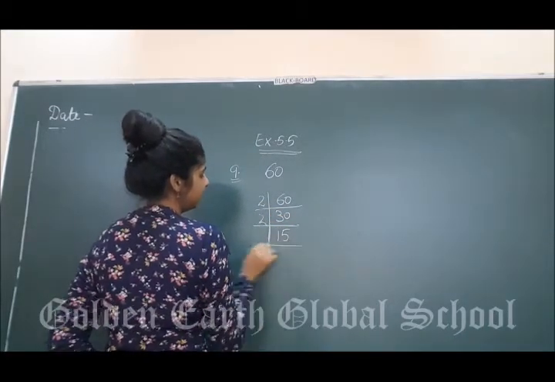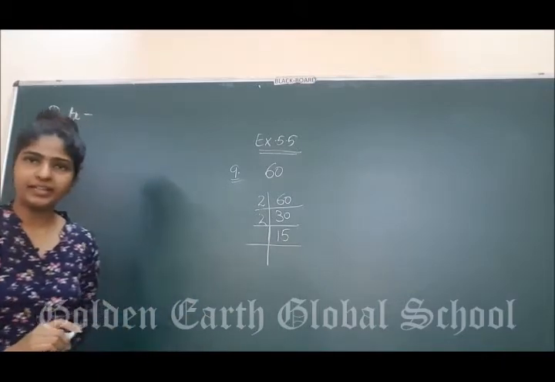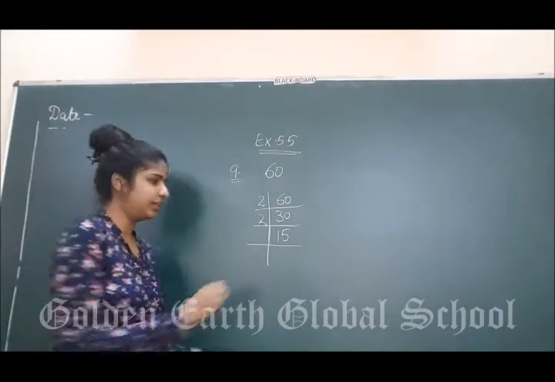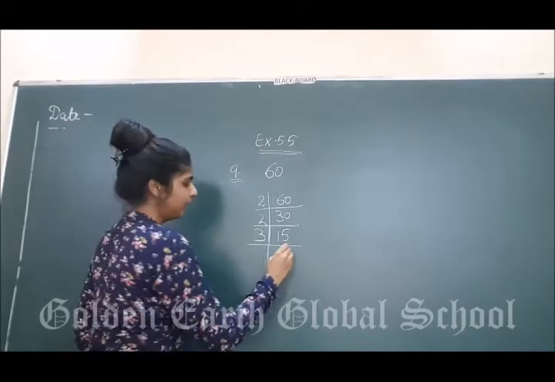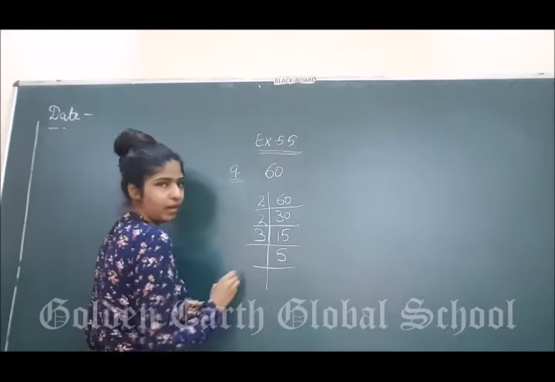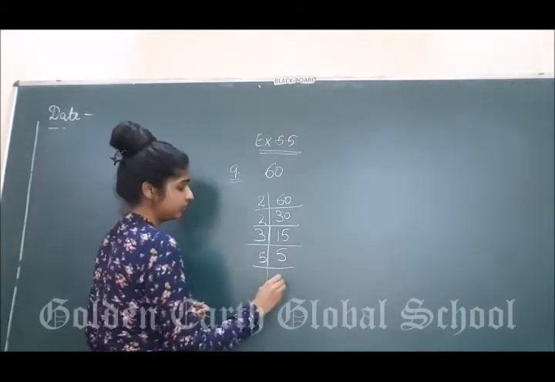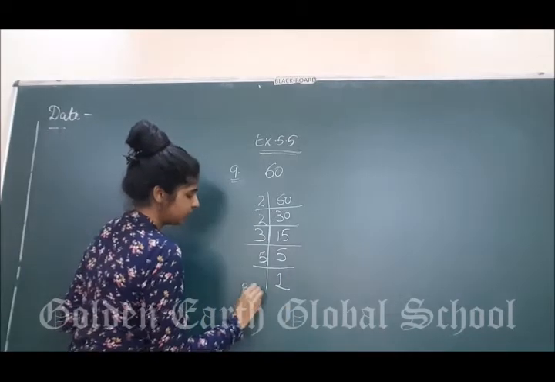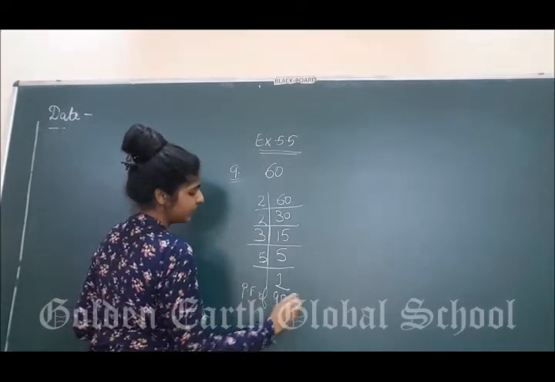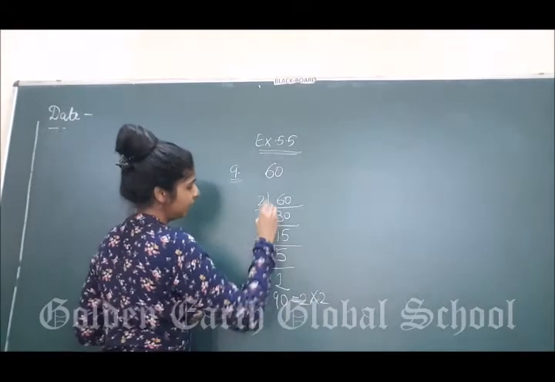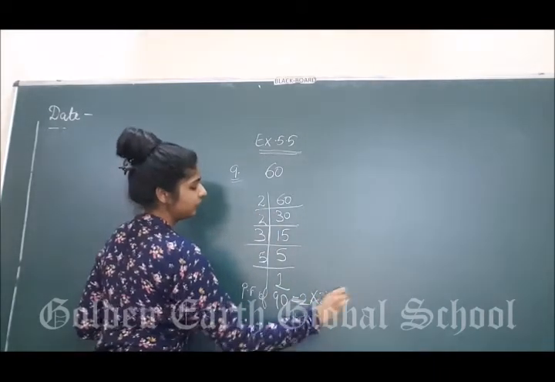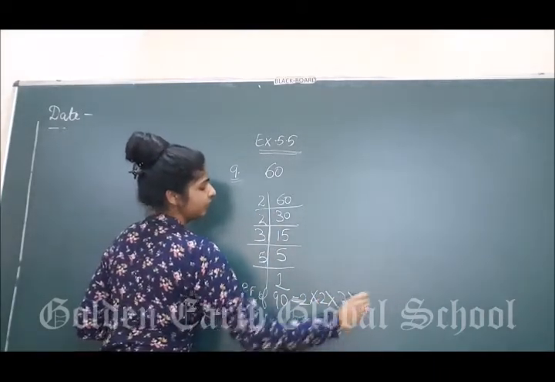On 15. Now 15 does not come on the table of 2, so we will check the number 3. On the table of 3, 15 is divisible. Where? 5. Now 5 is divisible on 5. So the prime factorization of the number 60 is 2 multiply 2 multiply 3 multiply 5.